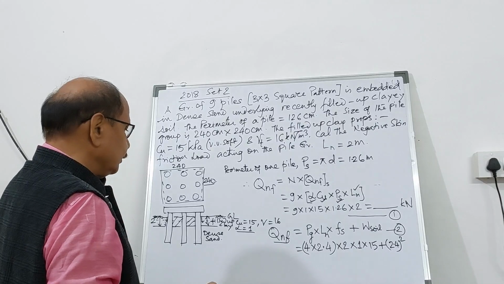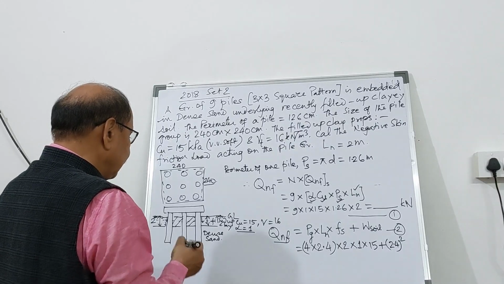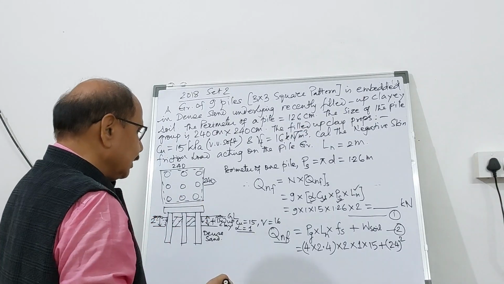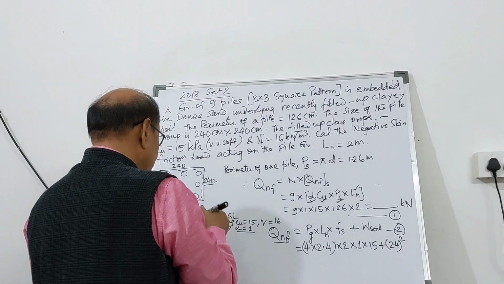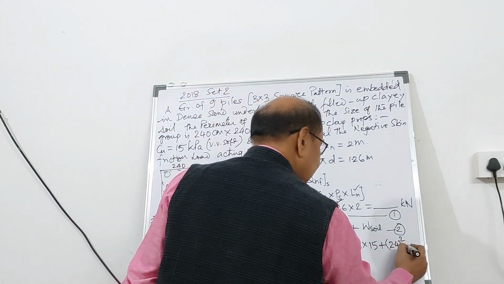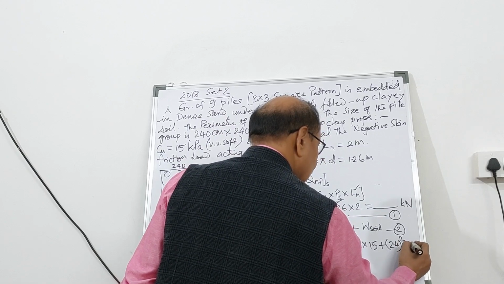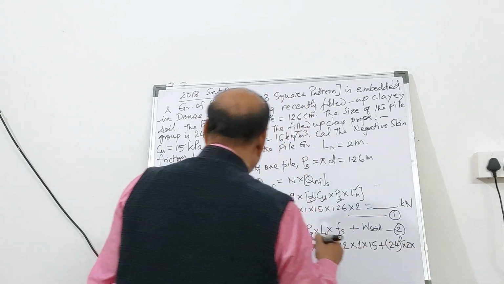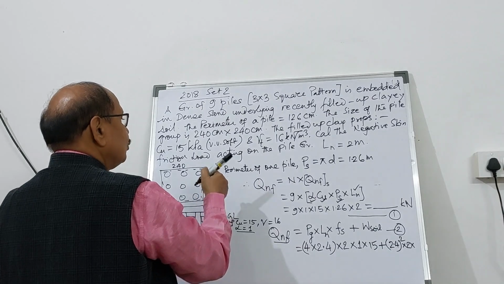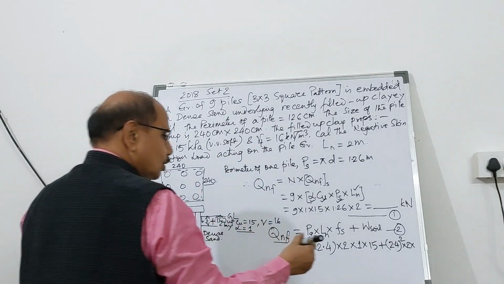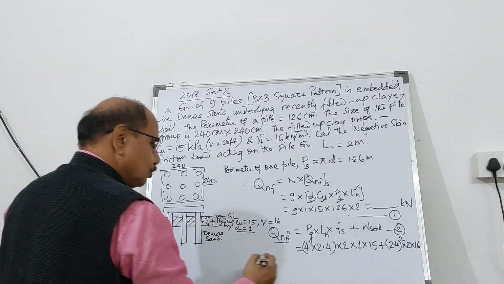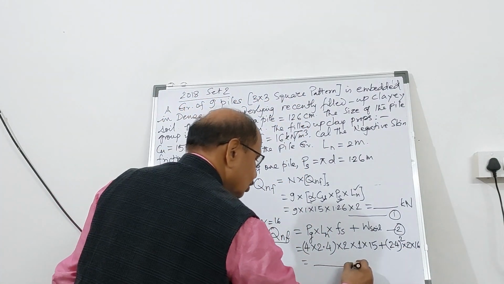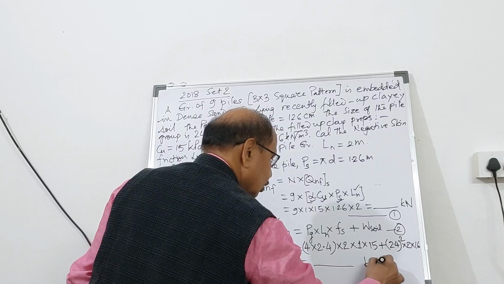And that becomes the area multiplied by the length. So length is going to be 2 meter. This becomes the volume multiplied by the unit weight. Now the unit weight is given to you as 16. This becomes the weight. So if you calculate this, you will be getting the answer in kilonewton.